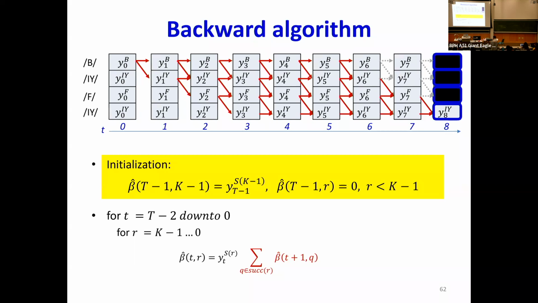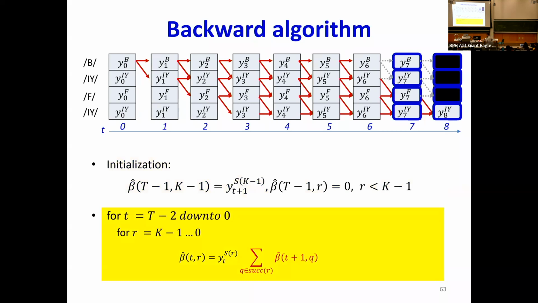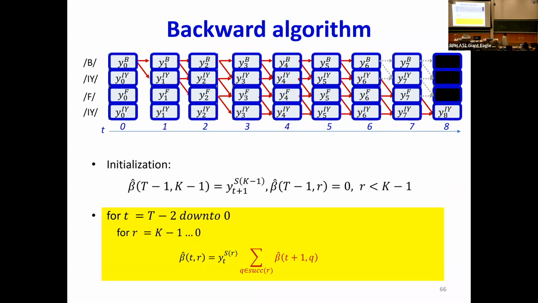Then you can take a step back, and now you can compute the beta hat for all of the nodes in this column, where the beta hat for any node is going to be the sum of the betas for all of its children times the probability of the node itself, right? And then you can use those betas at the second to last column to compute the betas at the third to last column and work your way back all the way to the beginning. And so at the end of this procedure, you would have computed the beta hat terms for every single node in the graph.